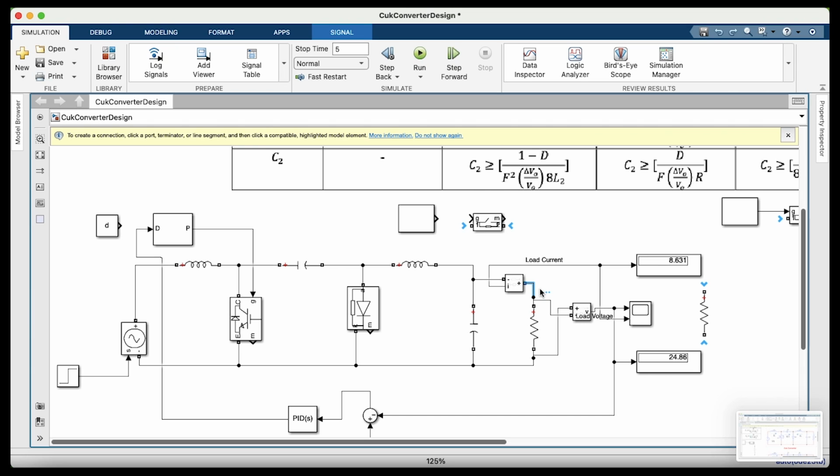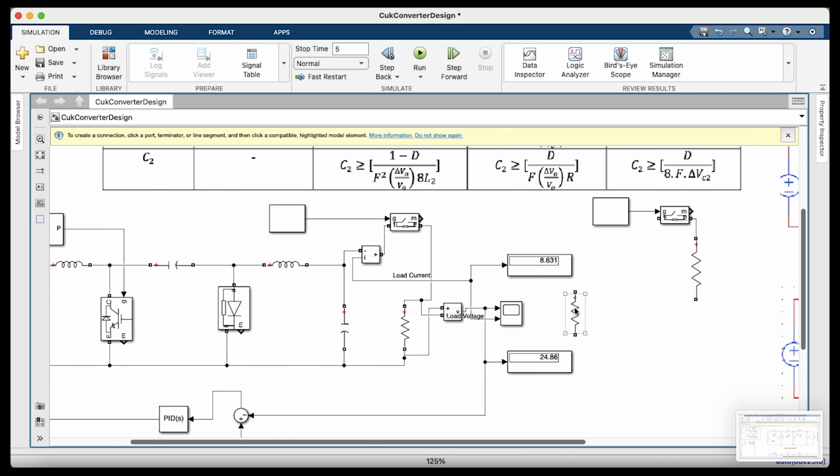So I remove this one, and I add another ideal switch with respect to this resistance, and I give the time period to this switch. This negative end goes to this one, and similarly an additional load will be added here.